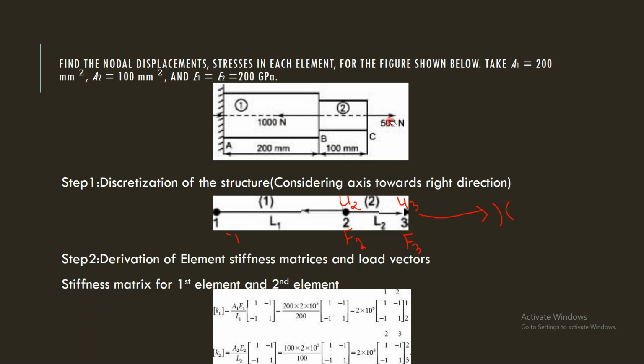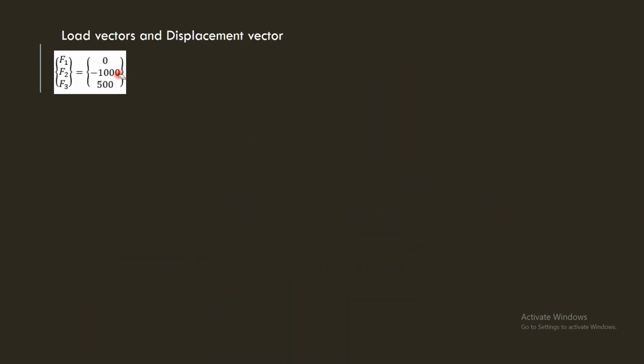F3 should be positive 500 Newton, because it is along the direction of X. So I got the load vector as 3 values. Similarly, for the displacement vector, we have 3 displacement values, U1, U2, U3. I need to represent a column matrix with the same considerations, but we don't have any values because we should calculate all these.